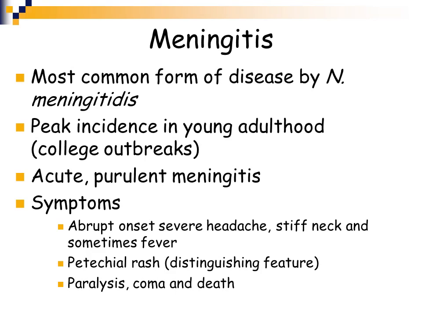Now, the major problem with Neisseria meningitidis infection is meningitis. So the most common form of disease caused by Neisseria meningitidis is meningitis. And the peak incidence of Neisseria meningitidis causing meningitis is in young adults. So meningitis is very common among college students, and there are college outbreaks that occur. What happens is Neisseria meningitidis is normal flora in the upper respiratory tract.